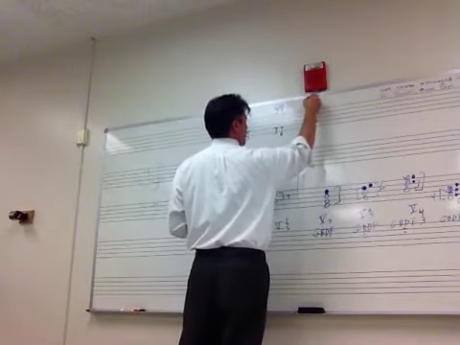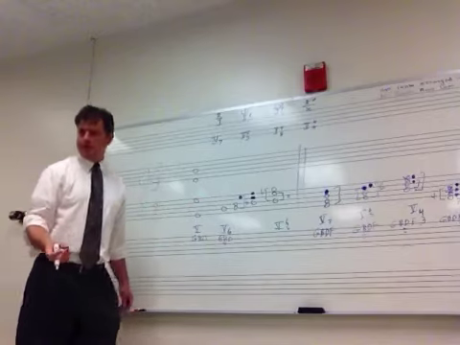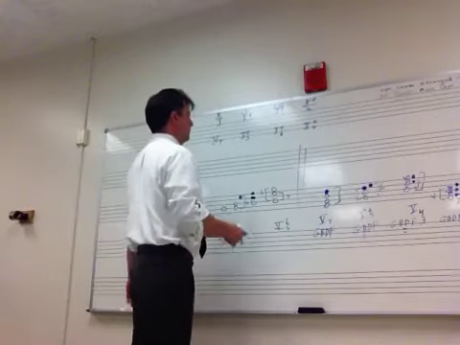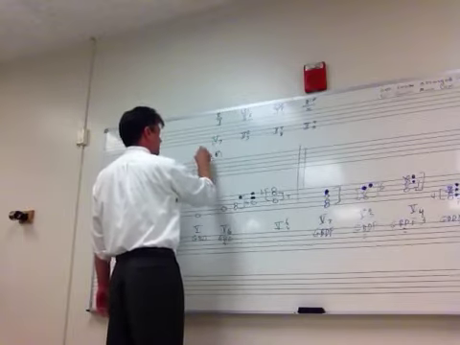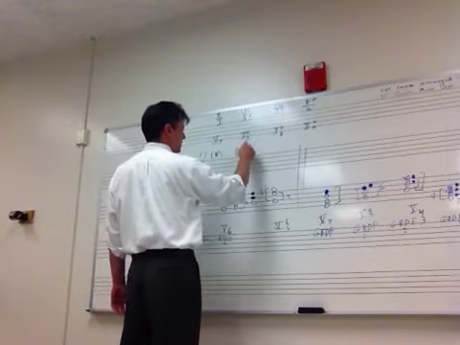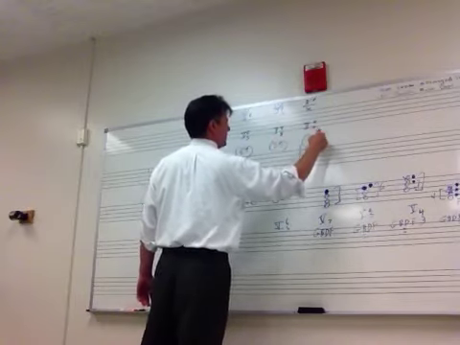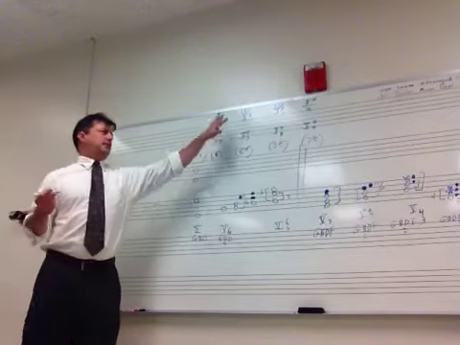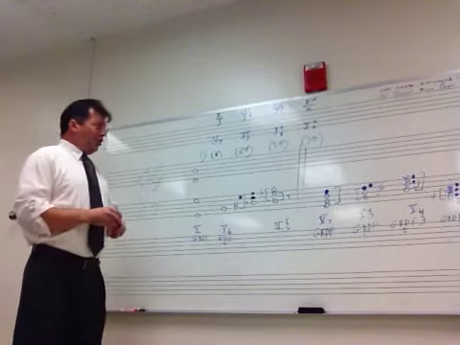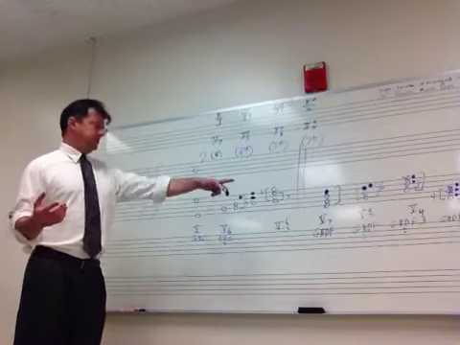This is third inversion, which of course there is no third inversion of a triad because there's not 4 notes, right? That means the root's in the bass, the third's in the bass, the 5th's in the bass, and the 7th's in the bass. I think even in the textbook I may have that chart. Ultimately, you just have to commit to memory what those figured bass numbers mean.